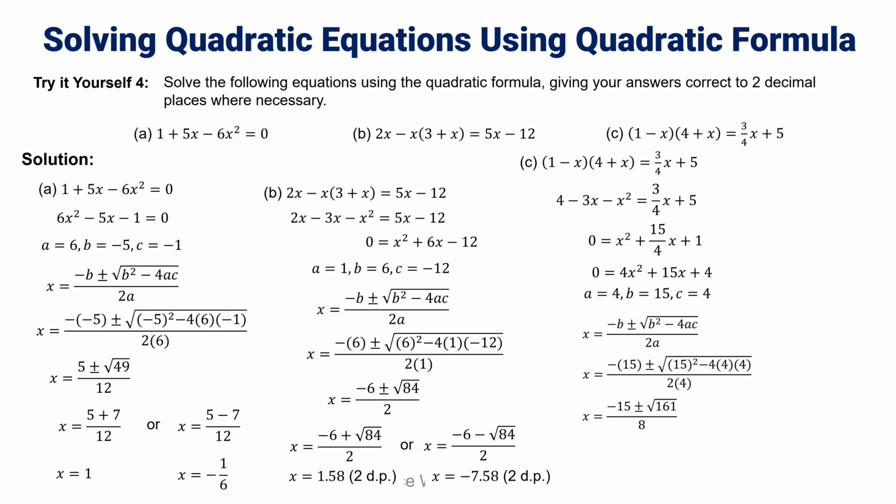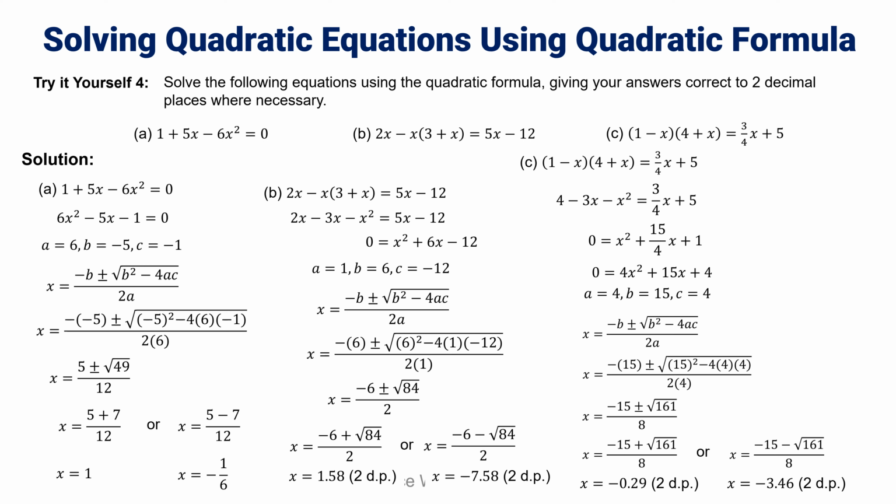Calculate the values, we get x = (-15 ± √161)/8. Calculate separately, so the first answer x = (-15 + √161)/8, or x = (-15 - √161)/8. So the answer is x = -0.29 to 2 decimal places, or x = -3.46 to 2 decimal places.